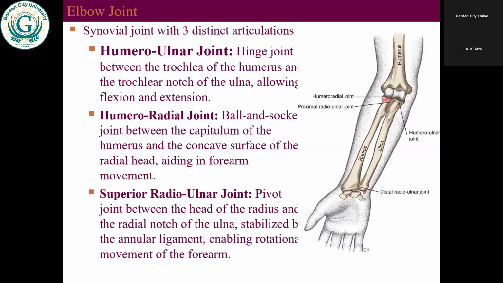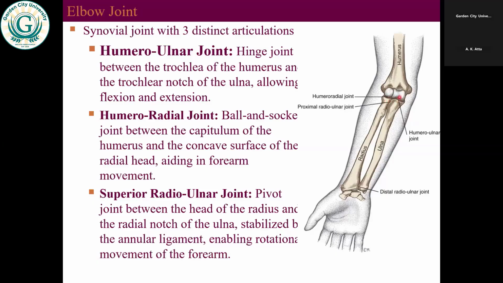Then you know that the head of the radius will fit into the, what do you call it? Between this one and that one, the head of the radius and the capitulum, that's the humeroradial joint.